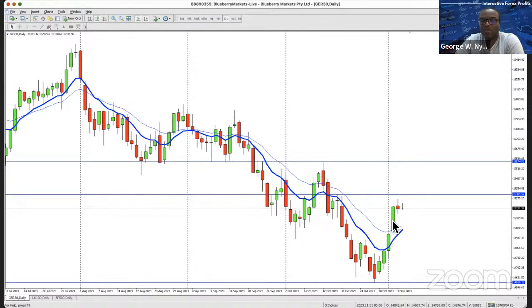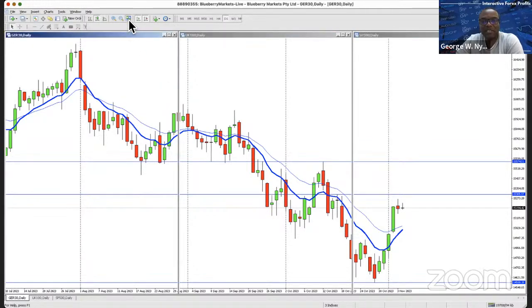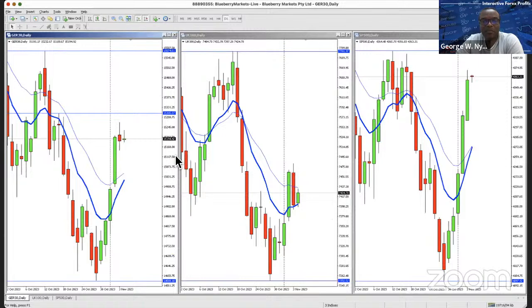My problem with where we are at the moment is what happened on Friday. Friday was an interesting day. If I put these 3 indexes up, I probably have spoken about this. After 4 bull candles on DAX 30, we had a doji. Just a couple of strong candles, bear reversal on UK 100.